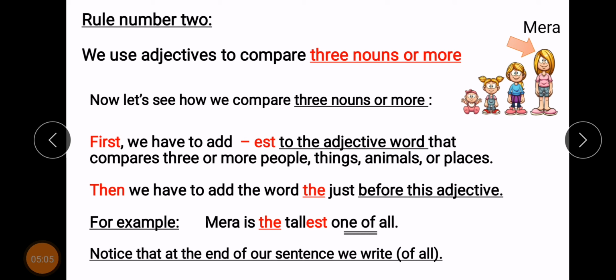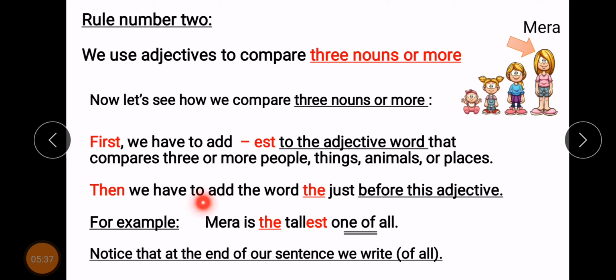The arrow is pointed to Mira, so I'm going to talk about Mira. What describing word I can use here to describe Mira? Excellent, we can also use tall. But here we have to add est to the adjective tall, not er, it's est. So it becomes tallest, tallest.